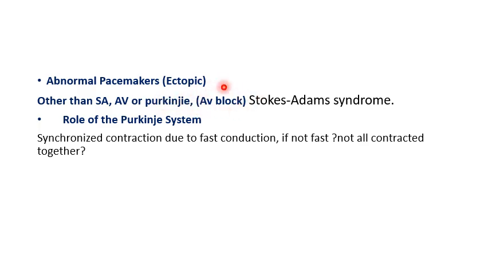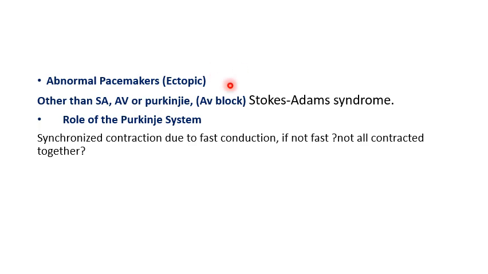Sometimes the reason for having an ectopic pacemaker is having an AV block. The impulse is not able to be transmitted from the SA node into the ventricle. So this condition is called AV block.